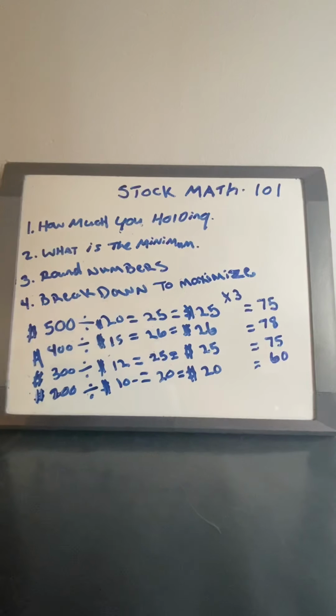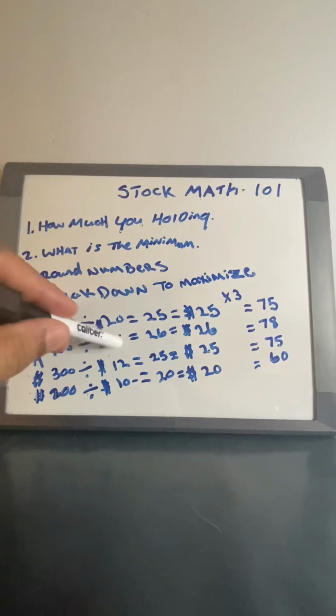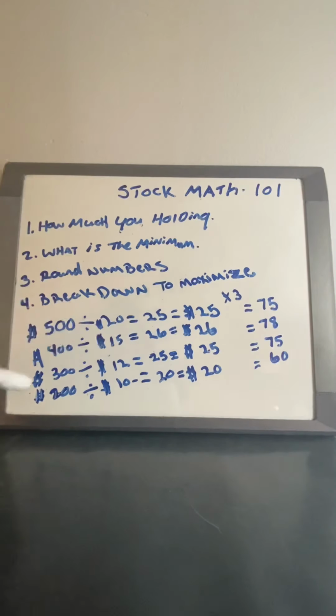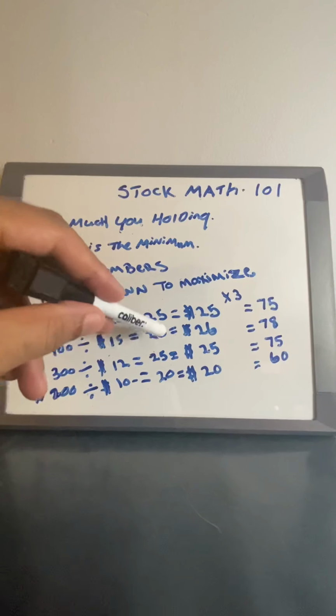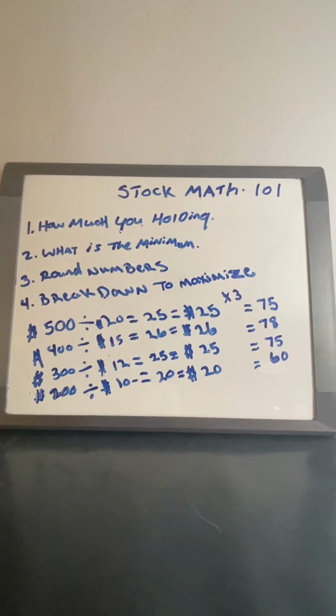Now, with 400, you see that the per share price is lower. Why? Because you want to still get a good amount of shares. Having 1 or 2 shares in a company really isn't going to do a lot. Investing is investing, so it will help some. But your goal is to start profiting and start maximizing your gains.